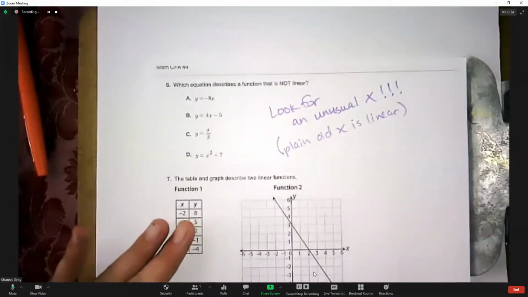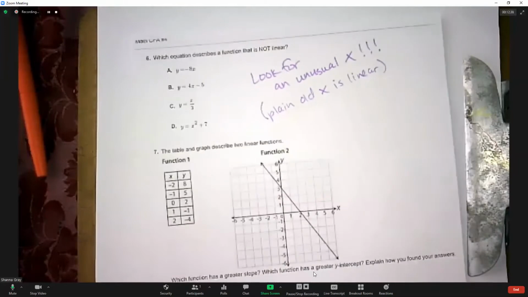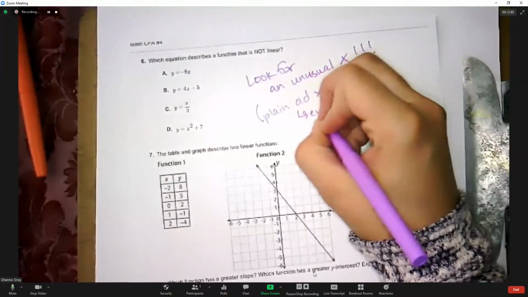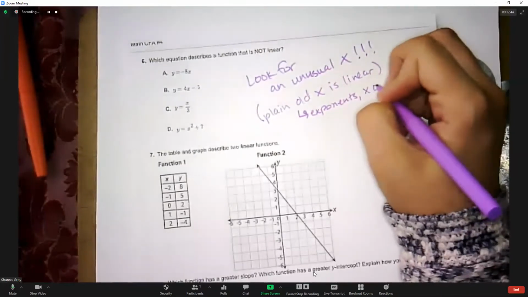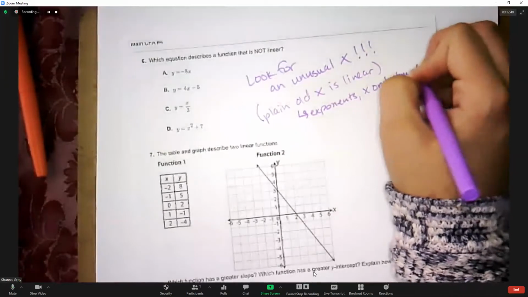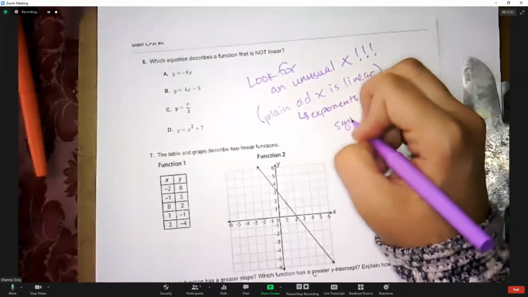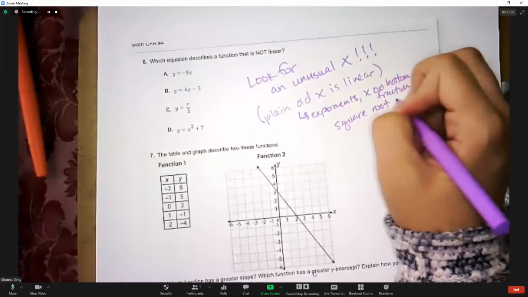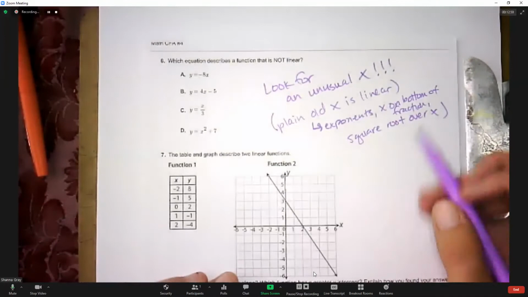So you're just choosing the x that does not seem to be just a normal x. So things like exponents, x on bottom, fraction, square root over x. So just anything that happens to x that makes it sort of an unusual situation.